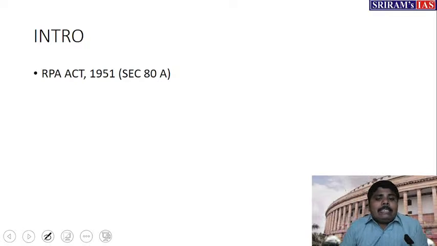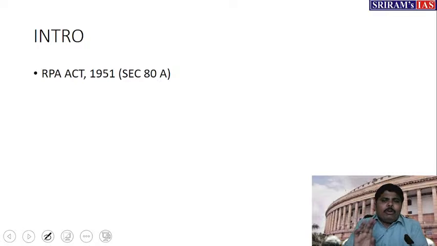Just like that, you can proceed for remembering the content of the RPA Act at least. The RPA Act has given the provision relating to filing of petitions in the court whenever there is an issue relating to disqualification. Whenever somebody is being subjected to disqualification, then the RPA Act will give the opportunity to proceed forward.